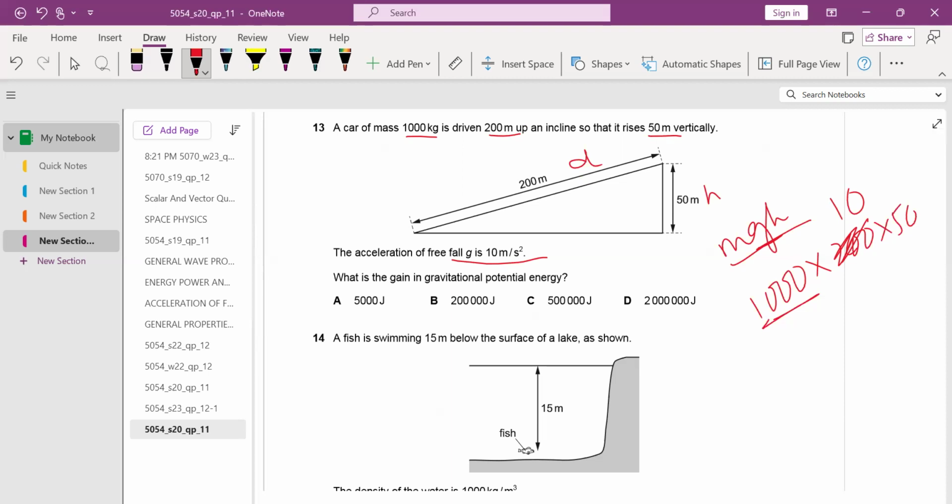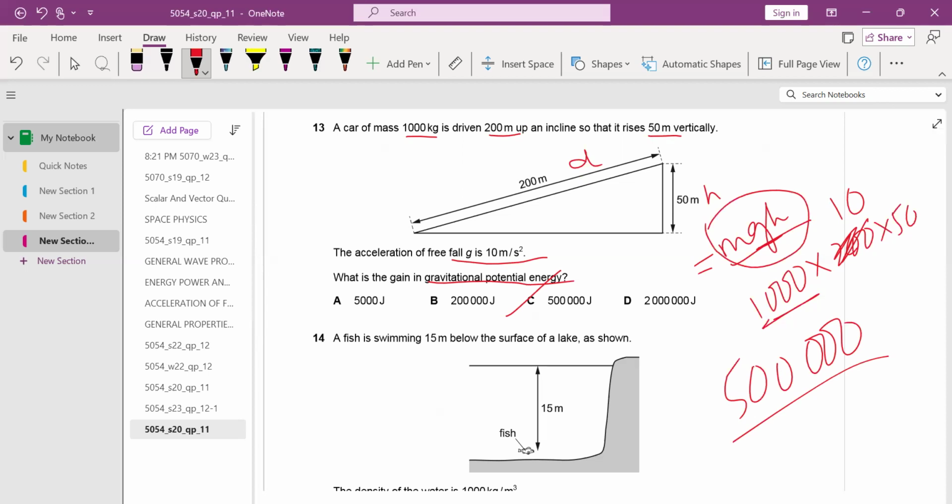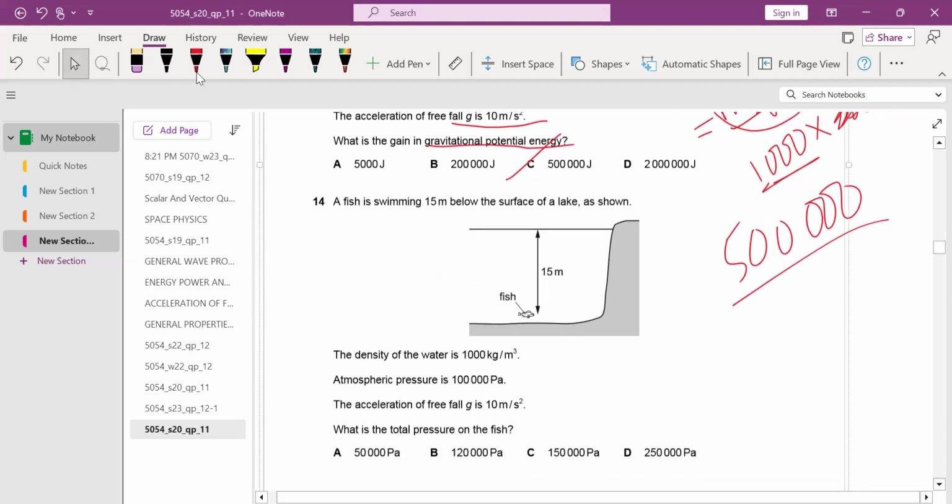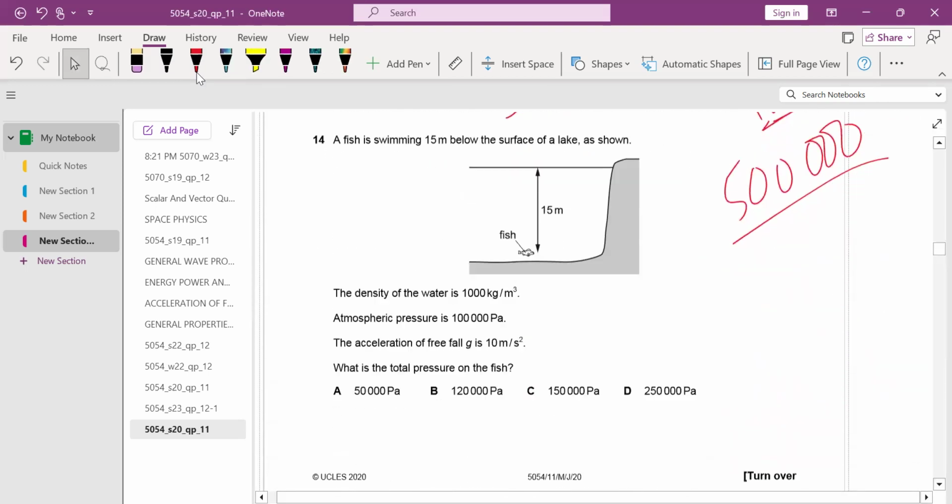Gravitational field is 10. So the answer comes 500,000, which is option C for the gravitational potential energy. The formula to calculate the gravitational potential energy is mgh. Option C is correct for question number 13.